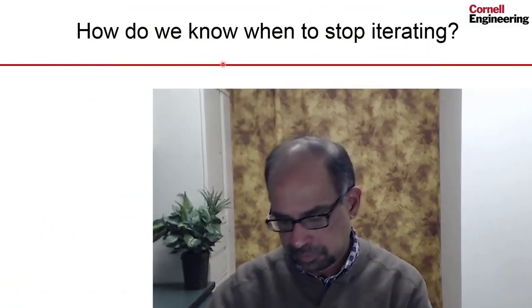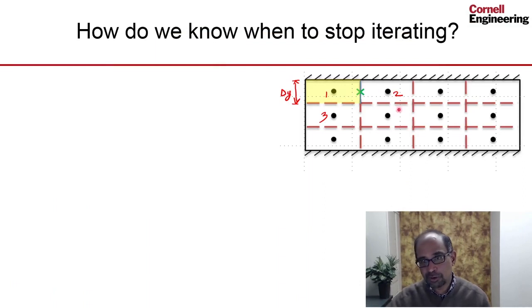But before that, I want to talk about when to stop iterations, and that's an important consideration for the code user in CFD. So let's take a look at that. How do we know when to stop iterating? To understand that, I'll go back to the channel flow example.